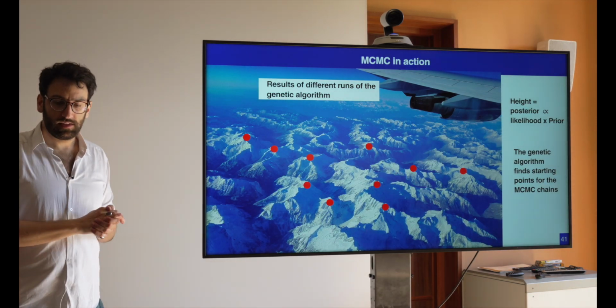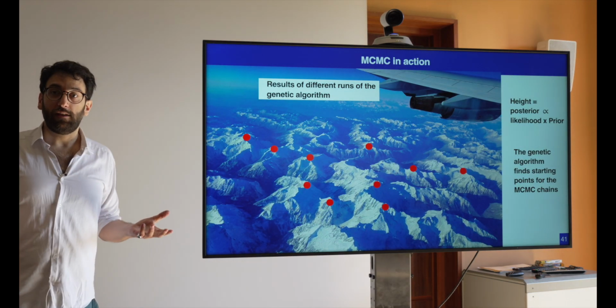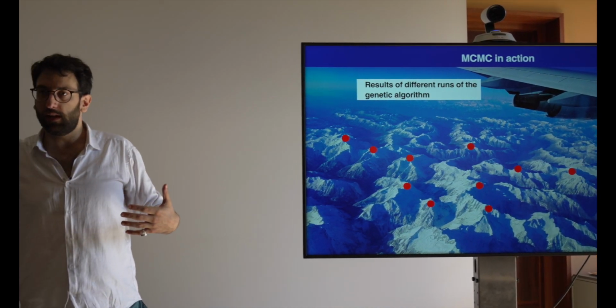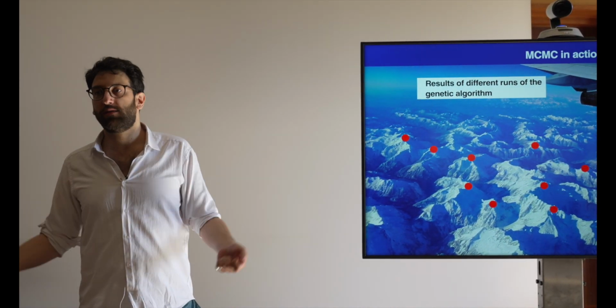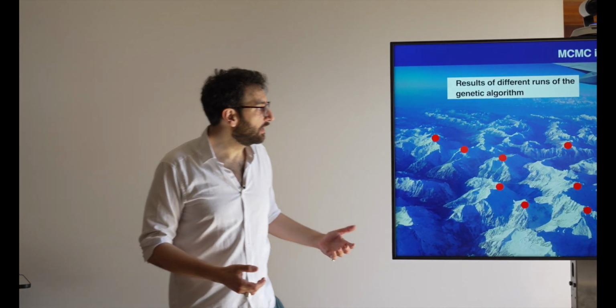So how does it work with the genetic algorithm? In fact, the genetic algorithm is itself a random generation of species, and if you run it different times, you will find different peaks. So we run the genetic algorithm several times with slightly different assumptions, randomly.